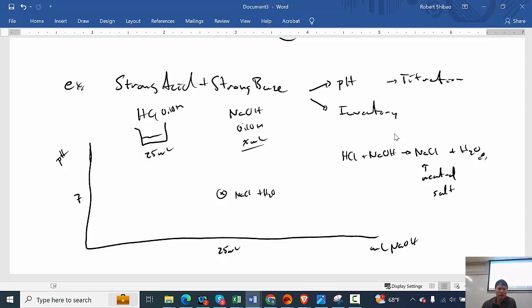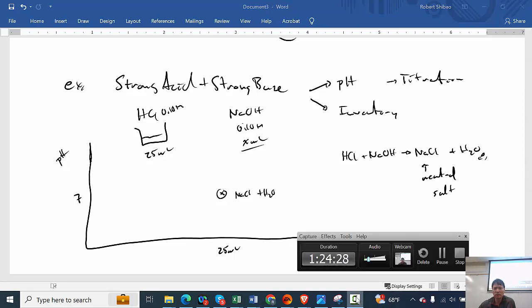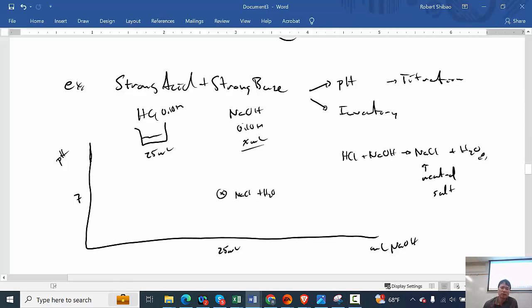But before that, the pH should start low. The pH should start, well, what is 0.1 molar? Oops, I forgot to record this. Oh, actually I didn't. It's recording. What is the pH of 0.1 molar? Well, that would be 10 to the minus 1, so the pH is going to start at 1. So we start here at pH 1.